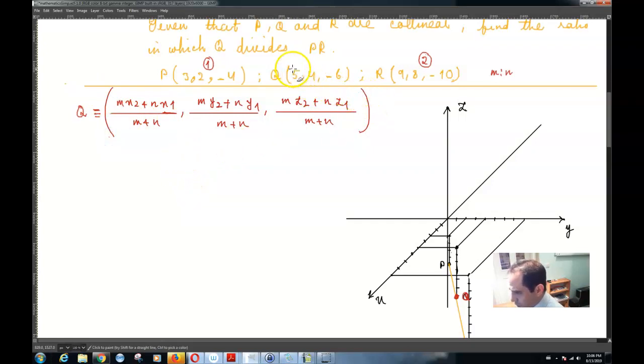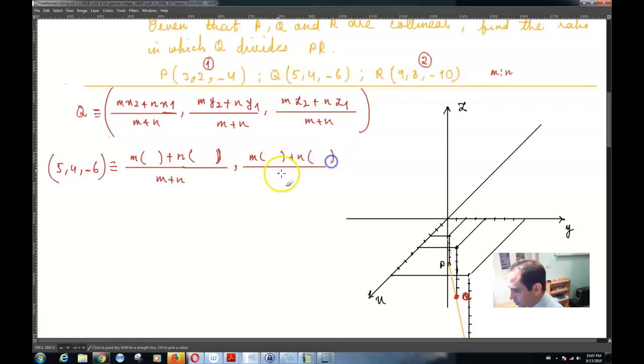Now you know that the coordinates of the point Q are (5, 4, -6). So this is equal to M times X2 plus N times X1 over M plus N, and again the same thing for Y and Z. Now we said that this is point 2 and this is point 1, so this is X2, this is X1: 9 and 3.